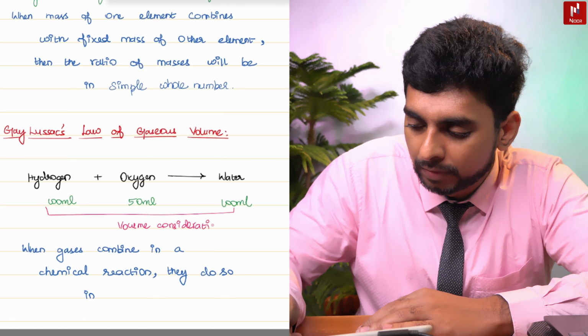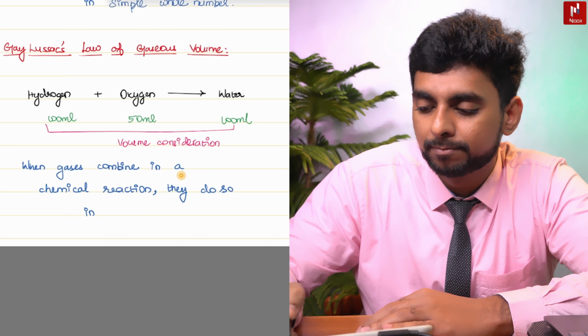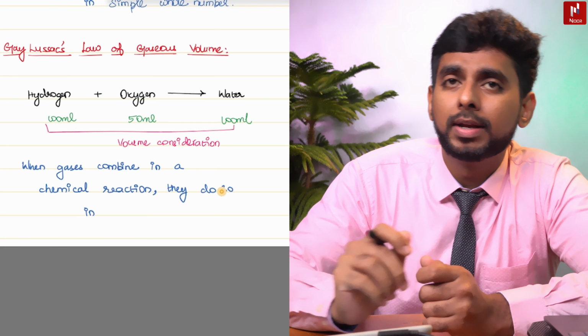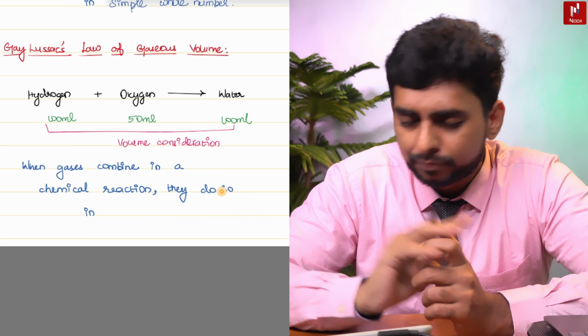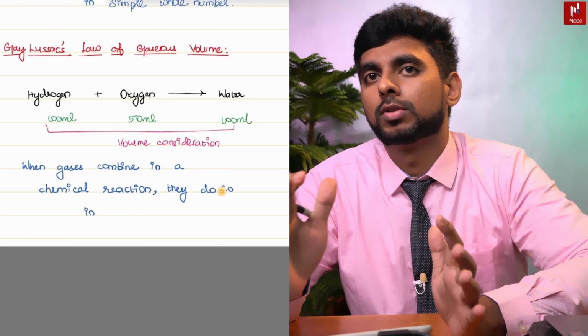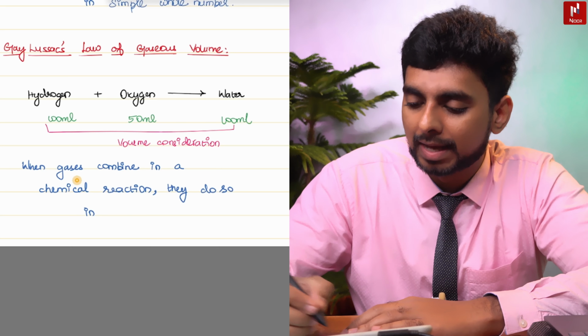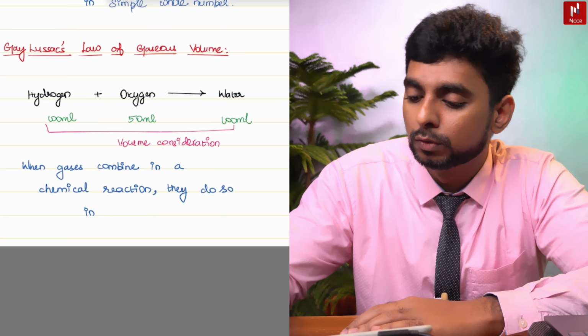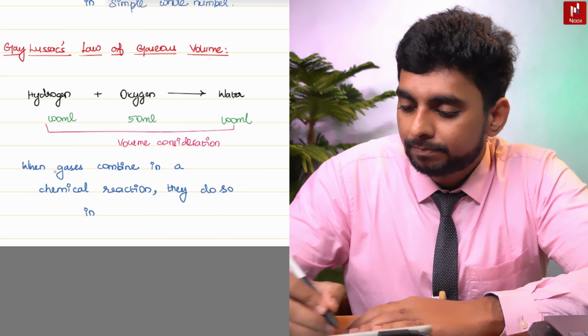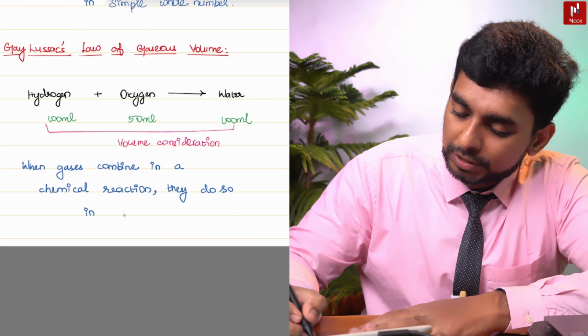The statement for Gay-Lussac's law is: when gases combine in a chemical reaction, they do so in simple ratio by volume.